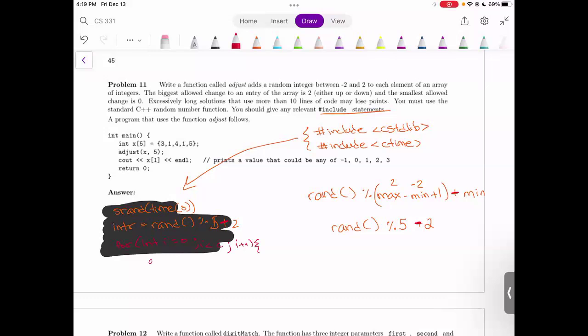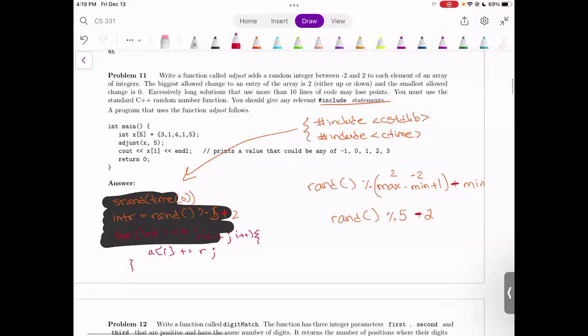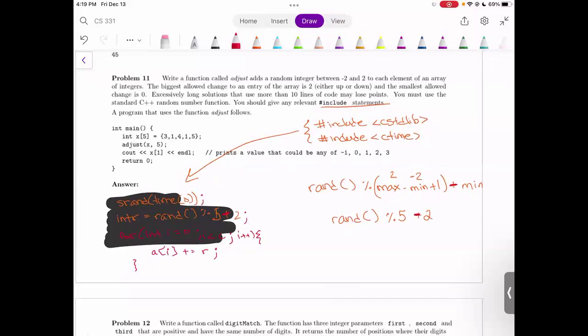And so this one we just say a sub i would equal that plus r. And then that's it. And then just our title line, void adjust. And we see from adjust, it takes in the array x, that's 1D, and the capacity c. Okay. Does anybody have any questions about this? This should be a minus here.